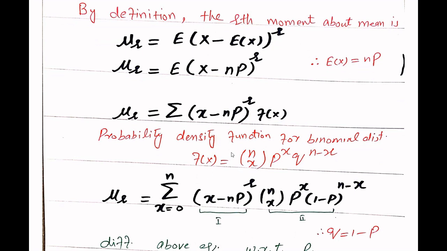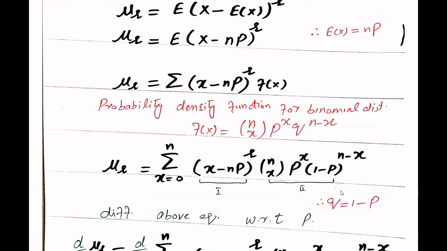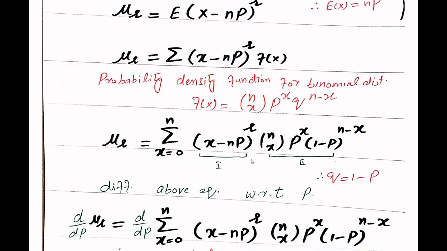The range of random variable in binomial distribution is x from 0, 1 and so on to n. So mu r is equal to sum x from 0 to n of x minus np whole power r, ncx p^x q^(n minus x), where q is equal to 1 minus p. So we can write here 1 minus p whole power n minus x.